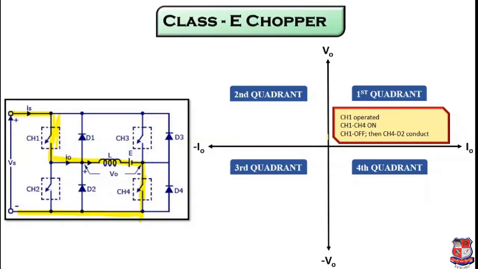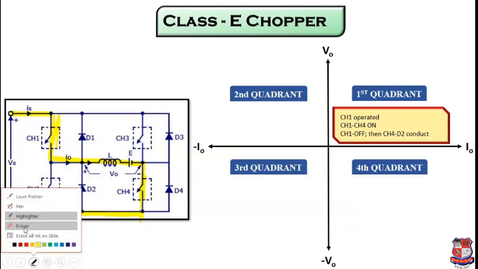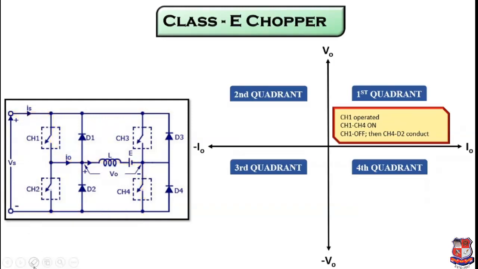Then to make the voltage 0, instead of CH1 CH4, CH1 is made off, so as a result CH4 and D2 automatically turn on. So the current direction is maintained positive but the voltage is made 0. Internally the operation is done. So this is the first quadrant operation.